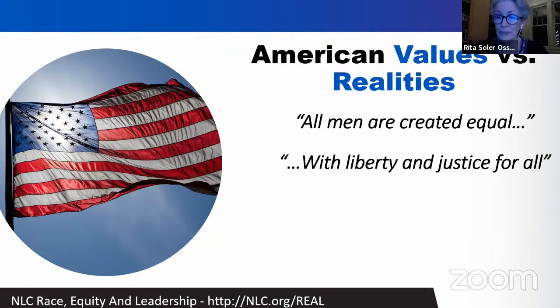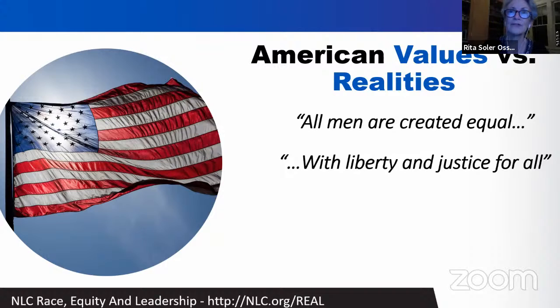So 1942, middle of the war, we were at war. And that statement says, with liberty and justice for all. But let's juxtapose that with the reality of the time. Brown versus Board of Education didn't end school desegregation until 1954.